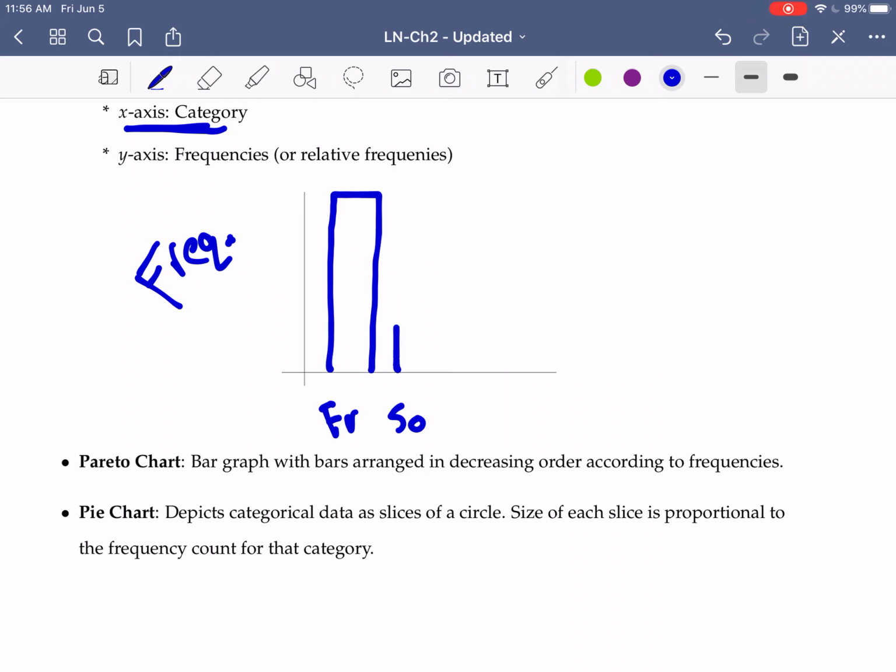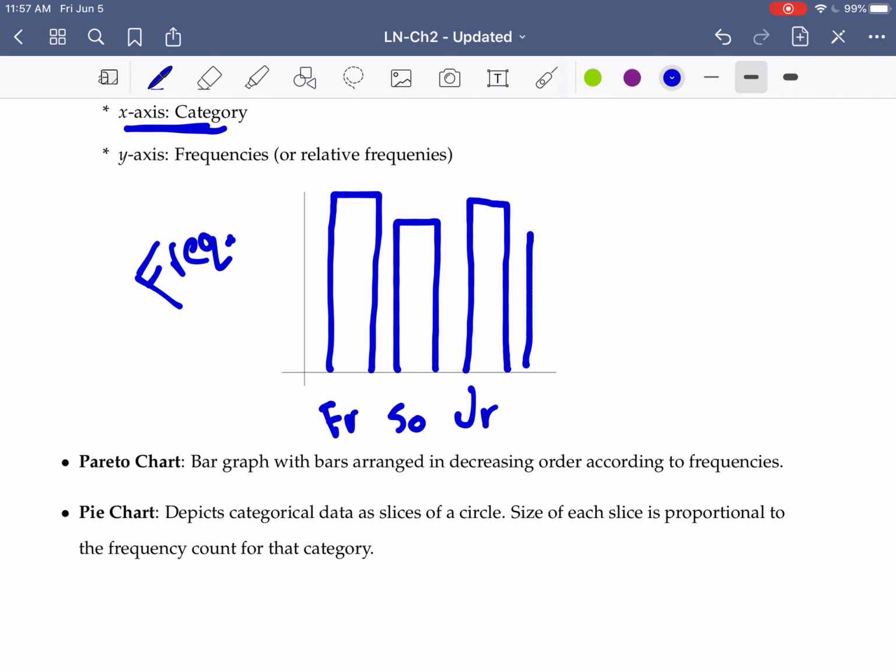The frequency for sophomores is maybe here. Maybe your juniors, maybe you get a lot of transfers. And seniors, it's maybe here.